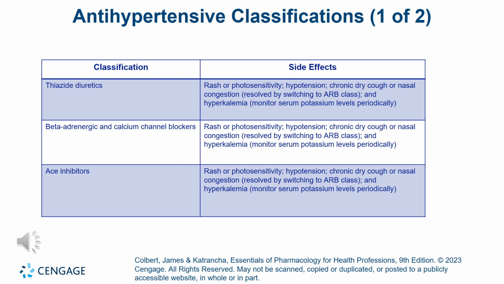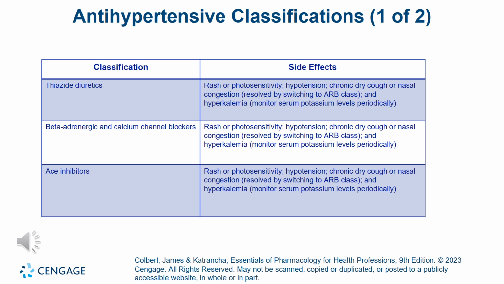Also, they're inexpensive. Side effects with the thiazide diuretics include rash or photosensitivity, hypotension, chronic dry cough or nasal congestion, which is resolved by switching to the ARB class, and hypokalemia, so you should monitor the serum potassium levels periodically.